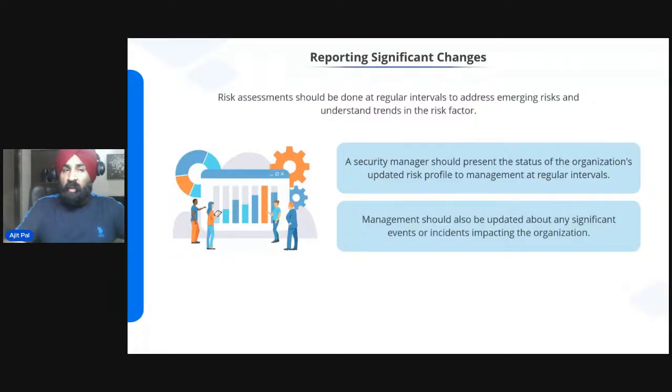Within 2 days, Cisco has released a CVSS level 10 vulnerability. Now you can't wait for another month. You have to send immediately. So for that also, the process needs to be set up, maybe an email communication, or if it is very significant, then you can set up a call and tell them the importance of it.